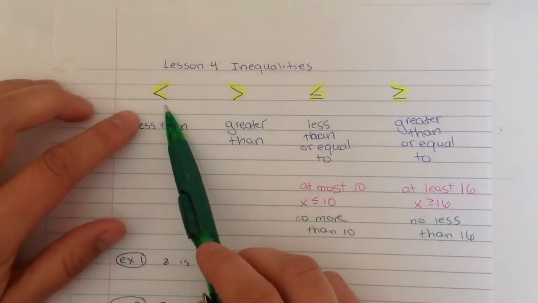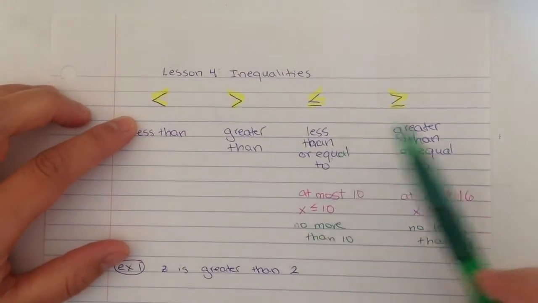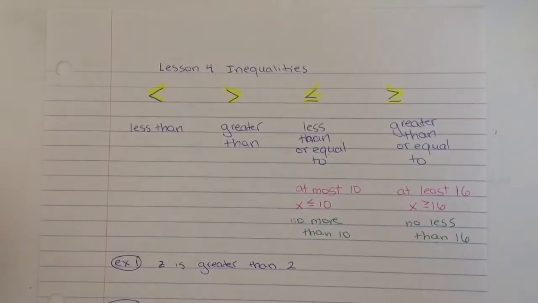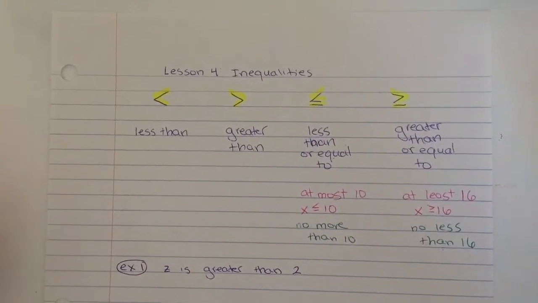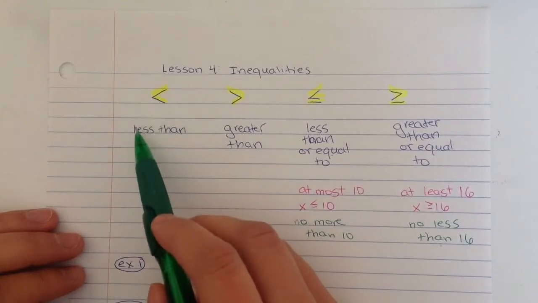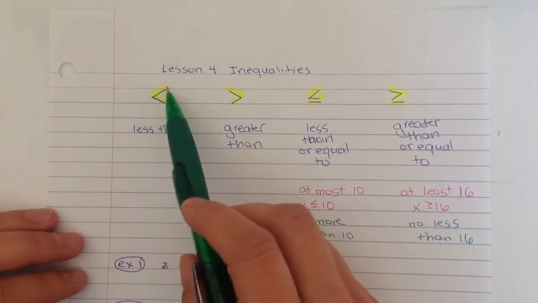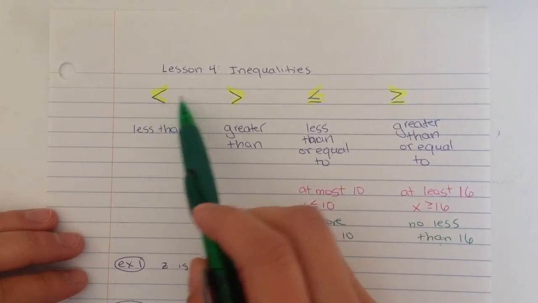Here are our 4 friends, the 4 inequalities: less than, greater than, less than or equal to, greater than or equal to. Hopefully you have some way you remember them. Less than is the L sign, so sometimes that helps people. Or whichever way, if it's like a crocodile, the way it's opening its mouth is the bigger side.